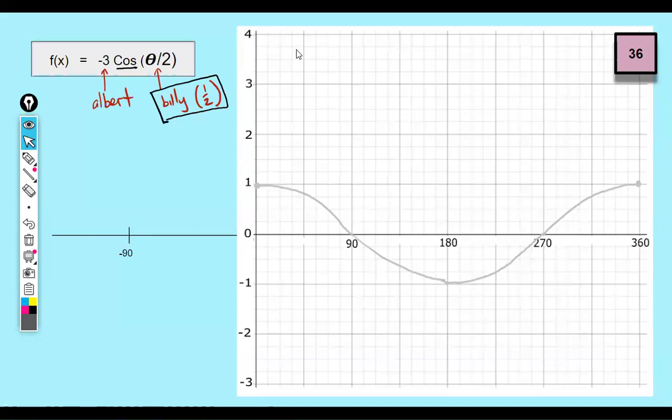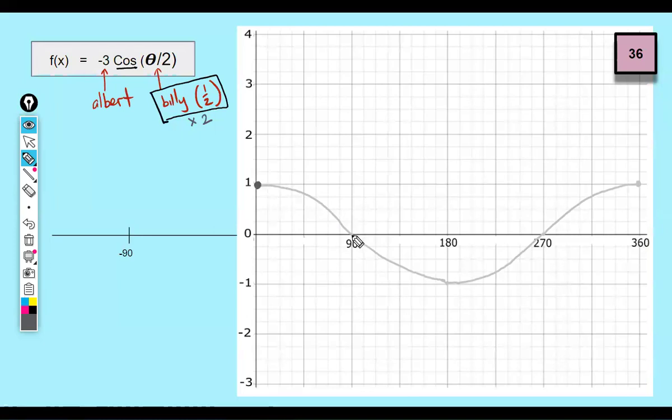So what's going to happen, when we apply Billy, the graph is going to get twice as big horizontally. So we have to multiply all the x coordinates by what? 2. Right? So we multiply all the x coordinates by 2. Here the x coordinate is what? 0. 0 multiplied by 2 is still what? 0.